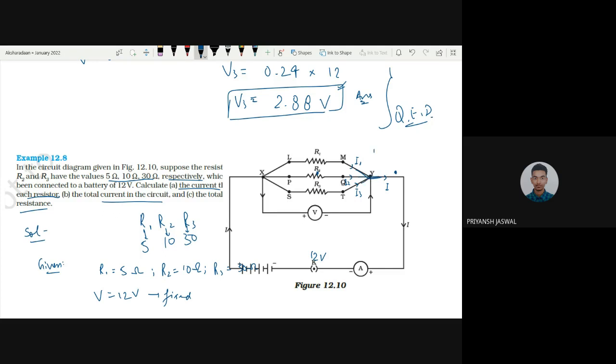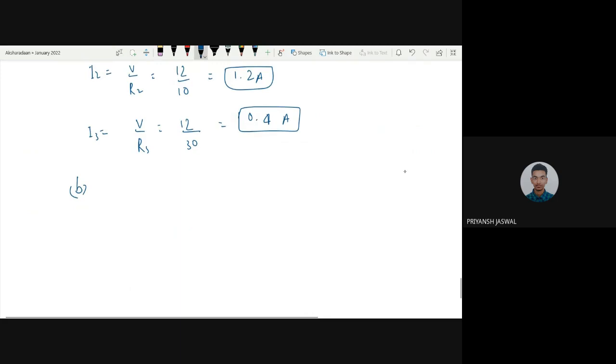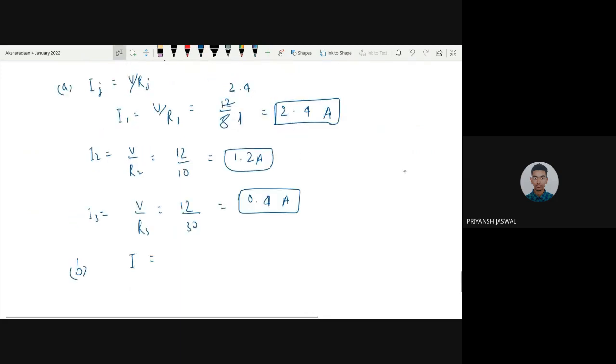So I1 plus I2 plus I3 comes out to be I. So total current through the circuit will be I1 is 2.4 ampere plus 1.2 plus 0.4. So current comes out to be 4 ampere.